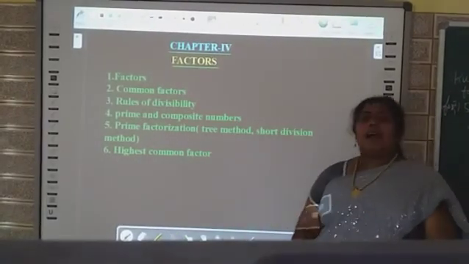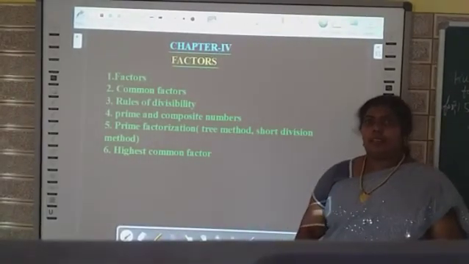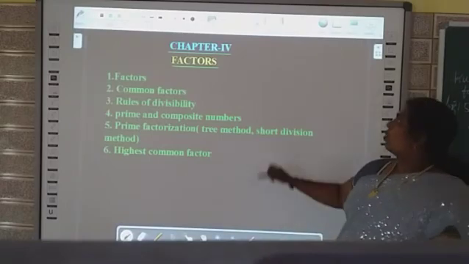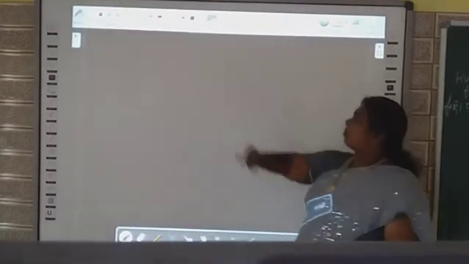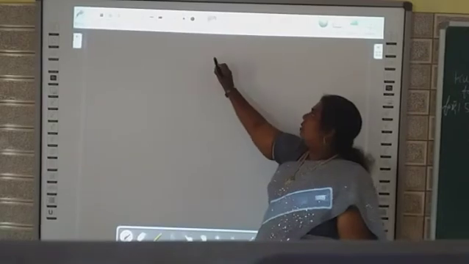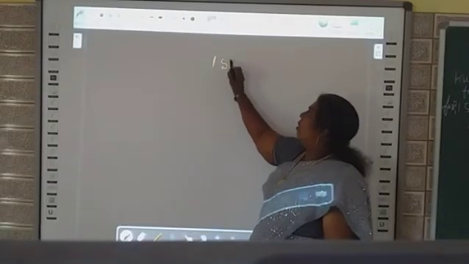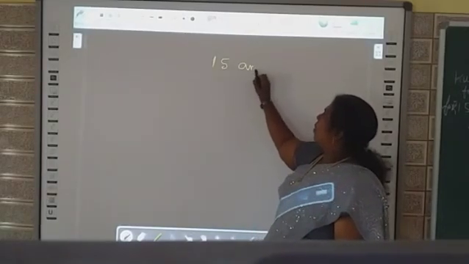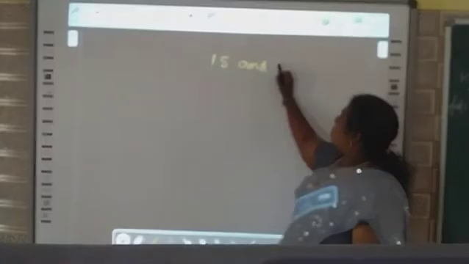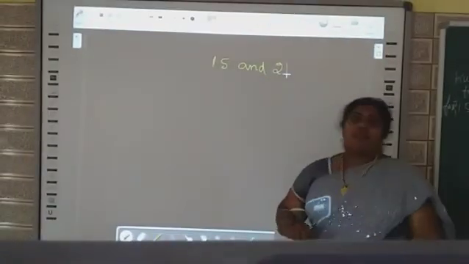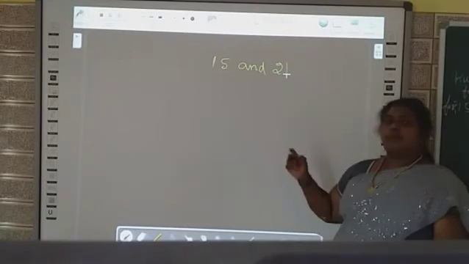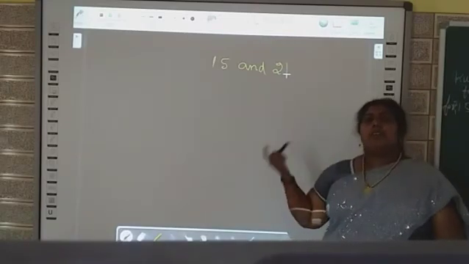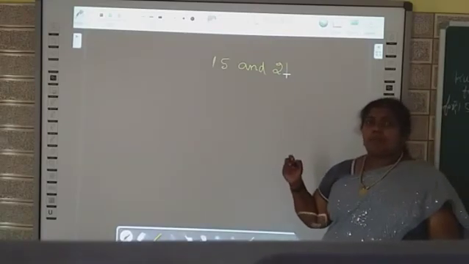So next is highest common factor. Okay. How to find the highest common factor? 15 and 21. If these two numbers are there, we can find the highest common factor.